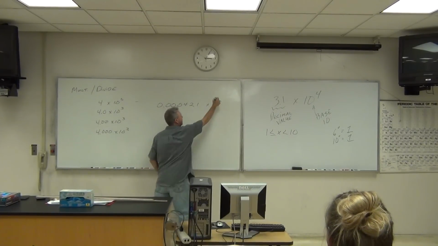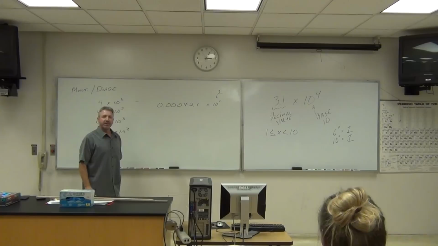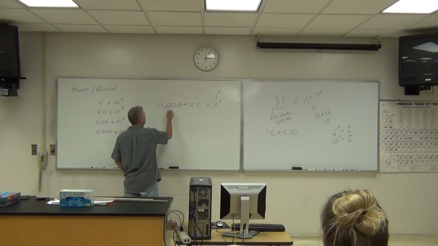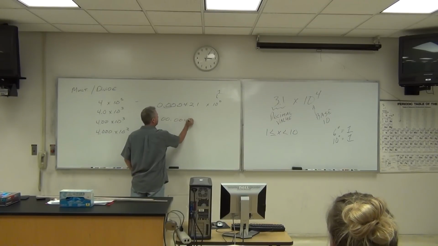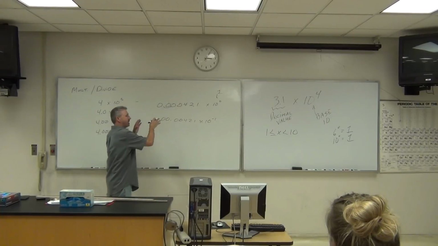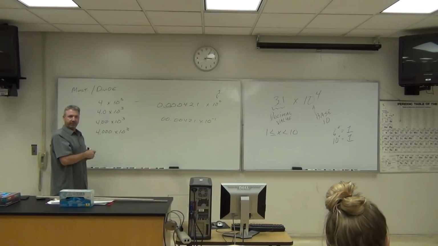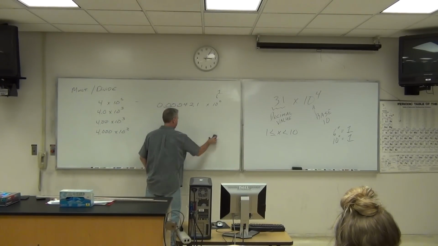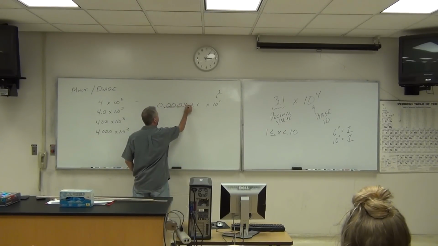Times 10 to the 0 because that's basically 1, right? And you start moving your decimal. So now we got 0.00421 times 10 to the negative 1. When we move our decimal point to the right, we go negative. So in this case, let's back up. We're going to go 1, 2, 3, 4.